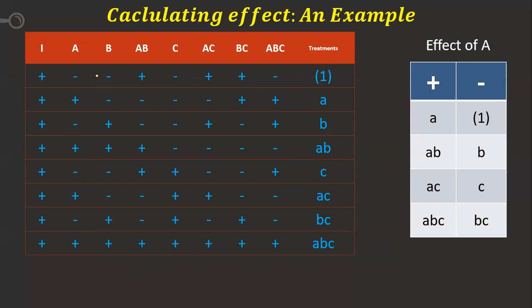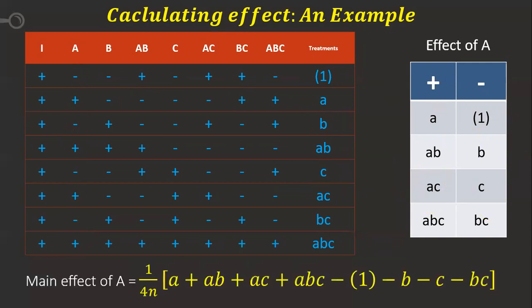See, the minus value, I'm going to show it here, so it is 1. It is easy if you write it like this in a tabular column. Now take the average of these two columns and finish. This is from column 1, this is from column 2. This is rough work. This is how the effect of A will be calculated.